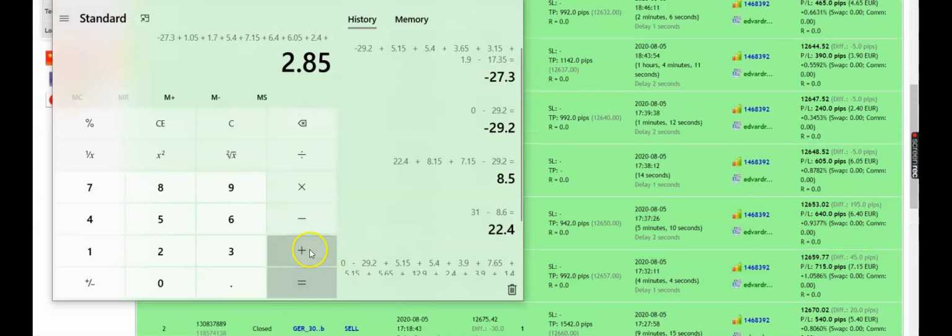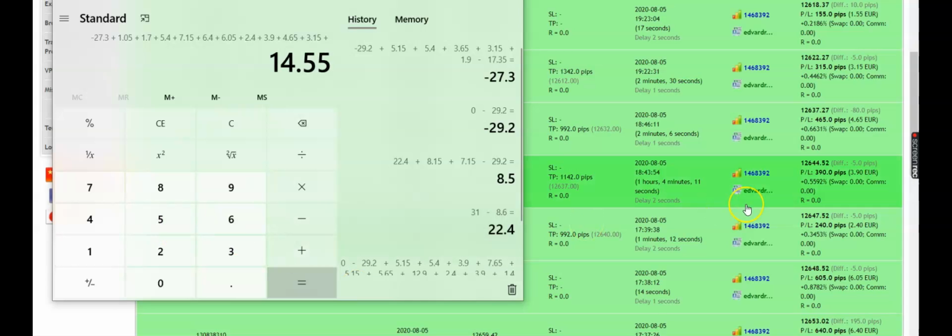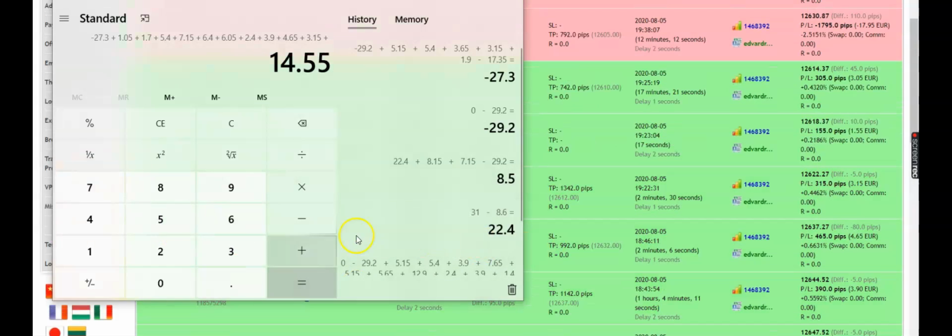And made a profit of €3.90. Then we made €4.65. And then €3.15. And made €1.55. And €3.05.